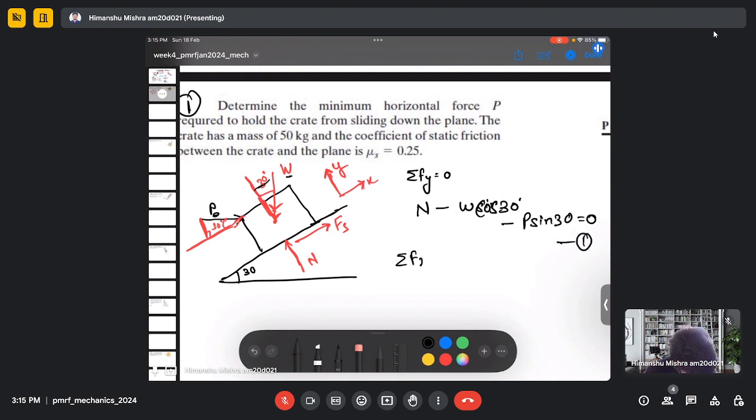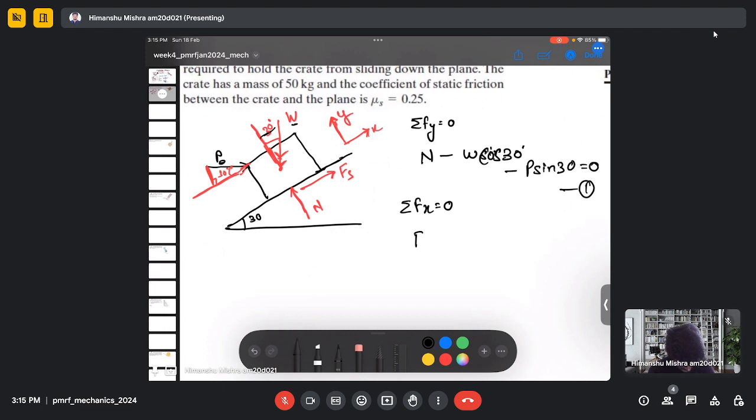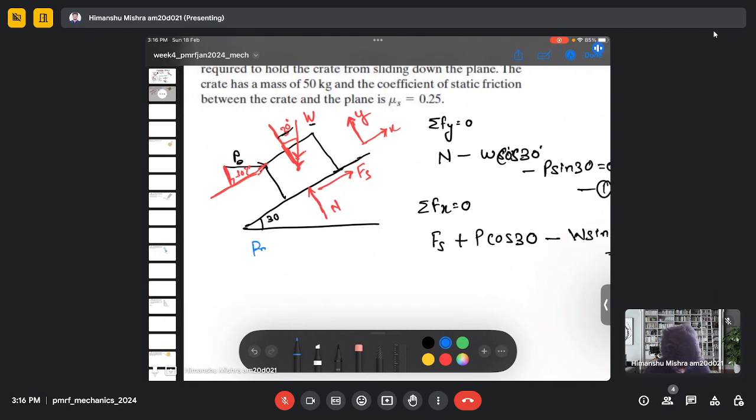And then we write down the force balance in the horizontal direction, which is friction force plus external force and the component due to weight, equal to 0.